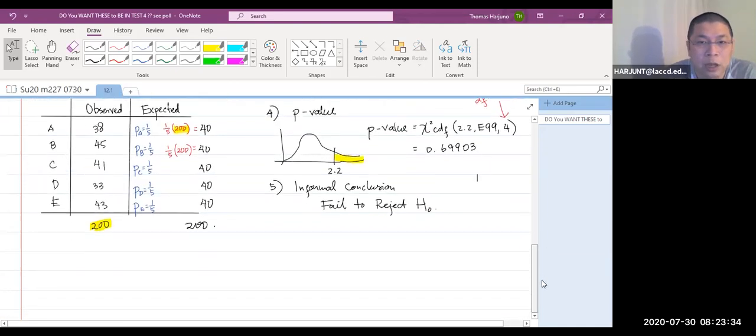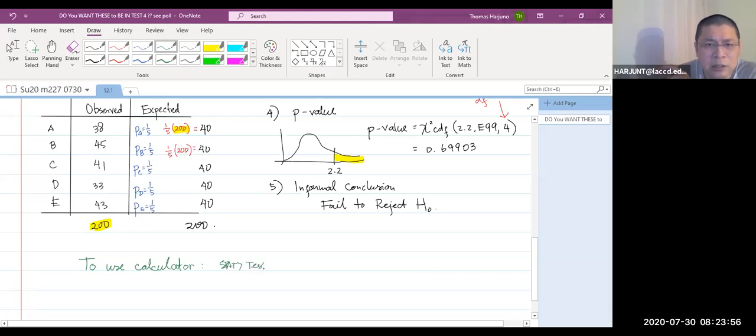How about using the calculator? To use the calculator, we go to stat, test.